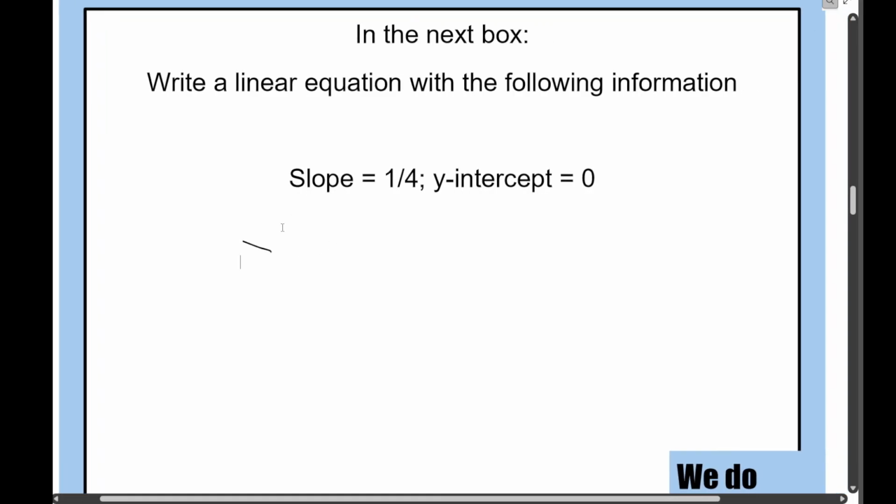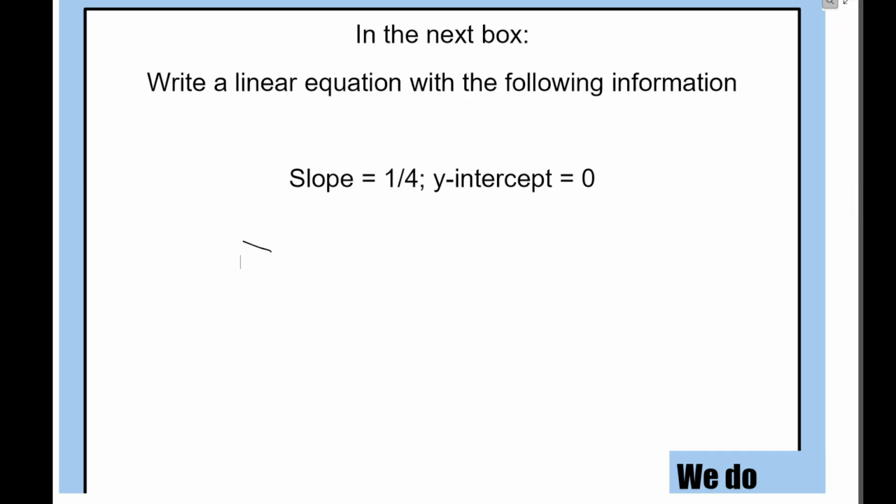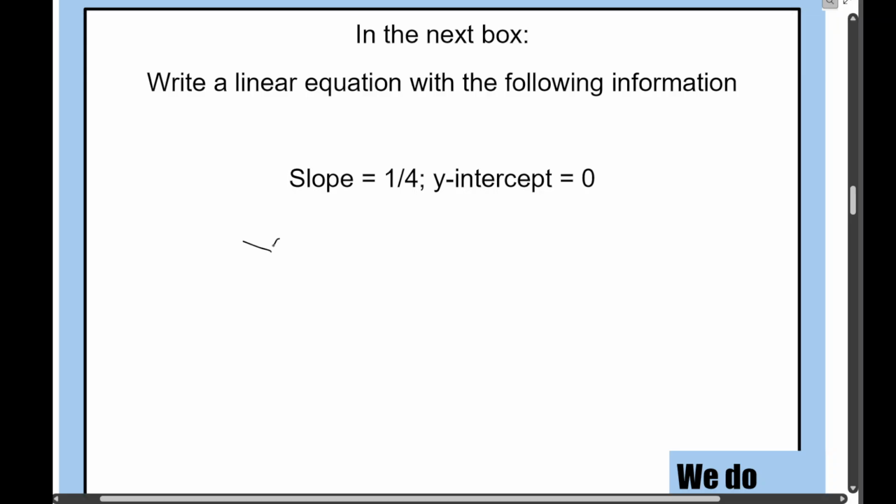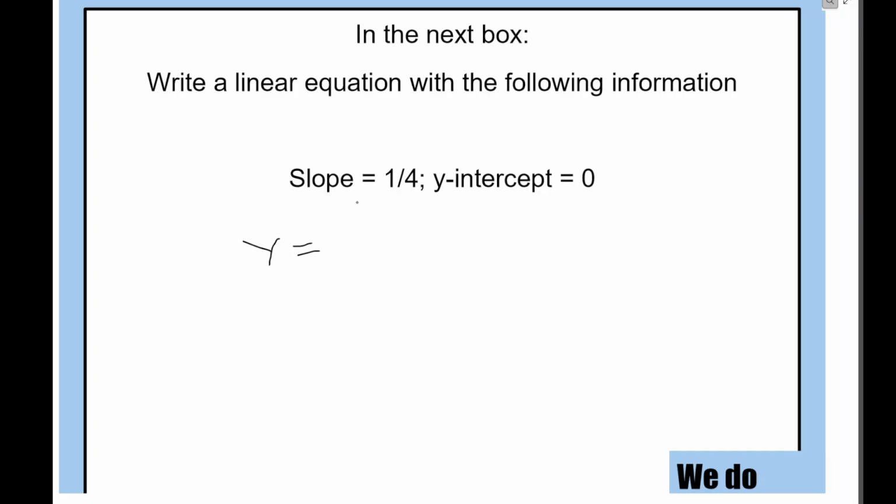Okay. So, linear equation. So we have y equals mx plus b. Okay. So our m this time is 1 over 4. So I'm going to make it 1 over 4 x.